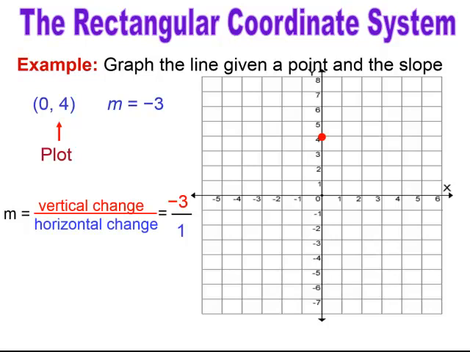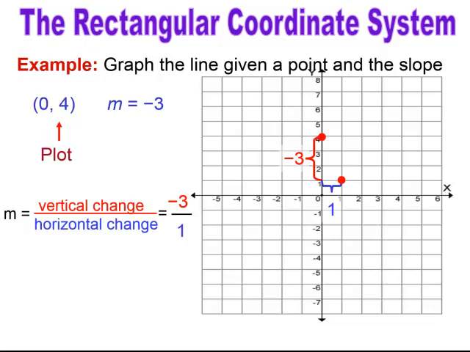So in this case, I'm going from where the point was plotted, and I'm going to just count down 3 for my vertical change, and then I'm going to count from that spot over my horizontal change, which is 1, and then I'm going to plot my second point. So to find the line given a point and a slope, first plot the point, then use the slope.